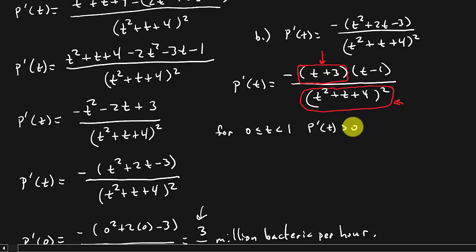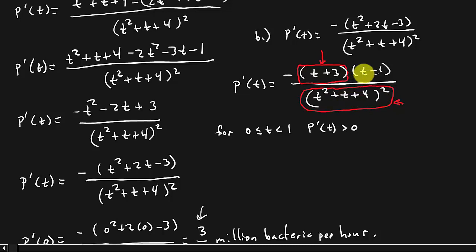So let's say I put in a half, 1/3, 1/4, 3/4, 15 over 16. If I plug that into here, that's negative, because it's going to be like a half, a third, a fourth, whatever, minus 1. That's going to give me a negative here. A negative times a positive is negative, and a negative divided by a positive is negative.